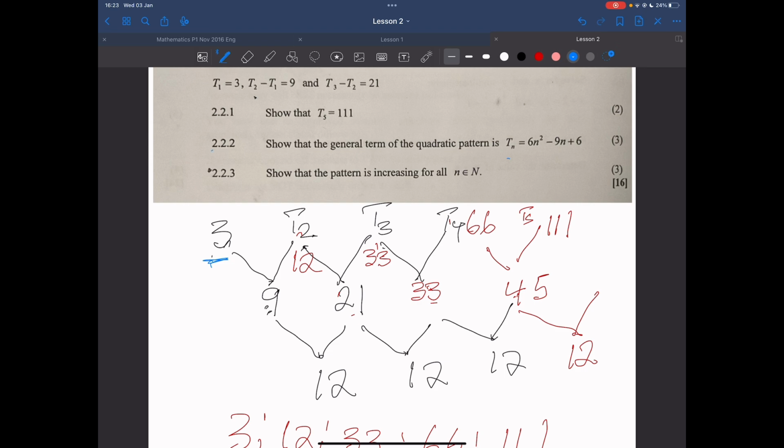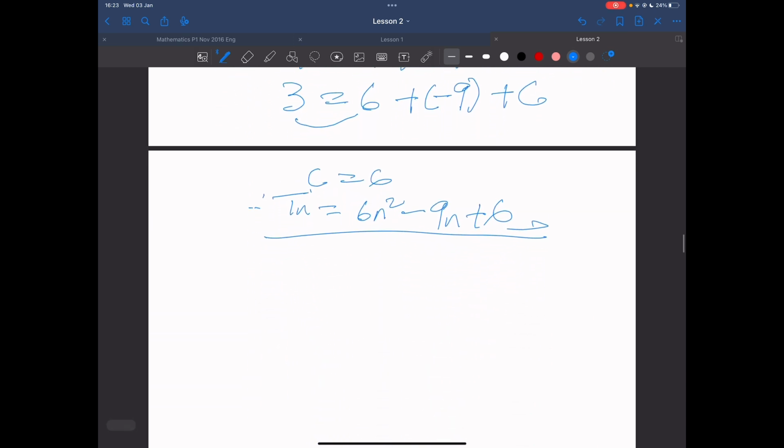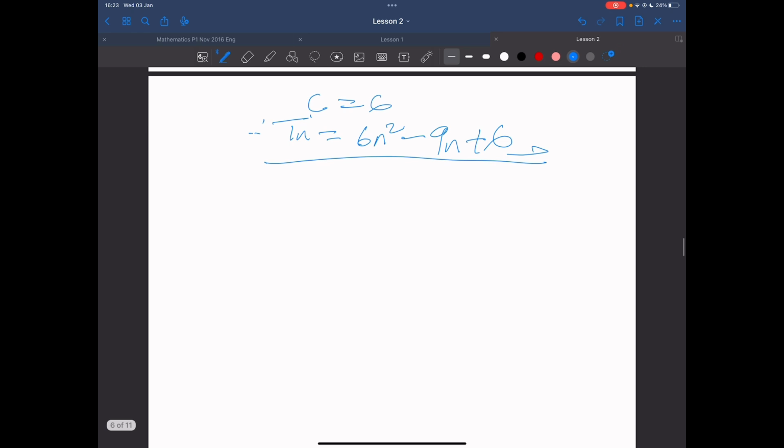So we go to question number 2.2.3. Now it says show that the pattern is increasing for all n, where n is a natural number. Now we need to understand this question. It's one of those challenging questions. We need to understand that natural numbers start from 1.